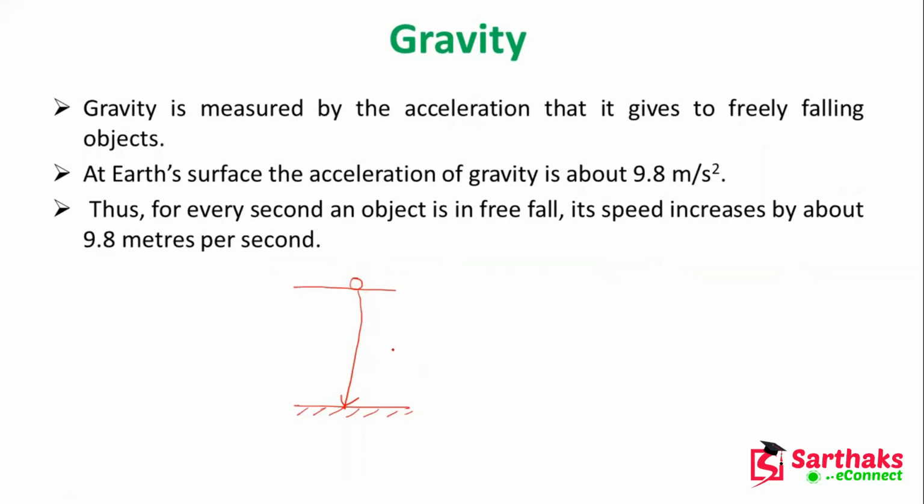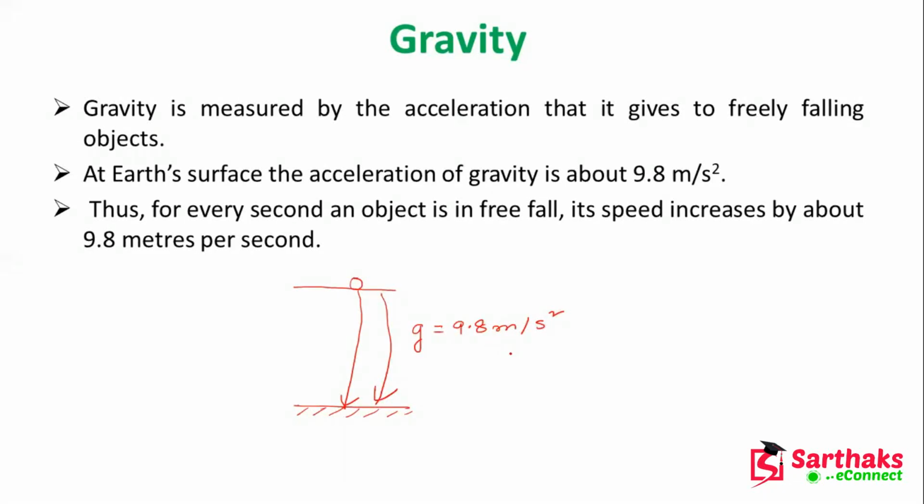Freely falling object means you are not applying any other force to this object, but it is freely falling to the ground. So gravity is measured in terms of the acceleration with which this object falls to the ground. On Earth's surface, the acceleration of gravity is denoted by small g, and it is 9.8 meter per second square.